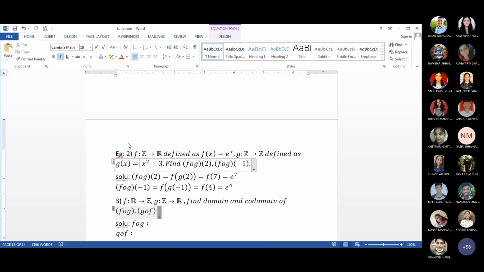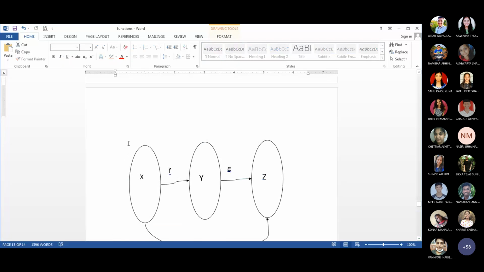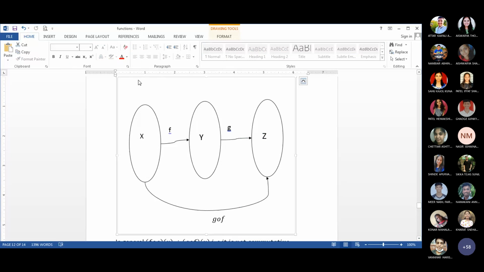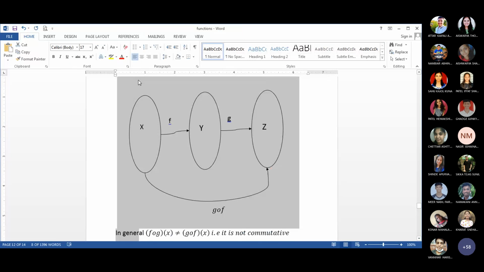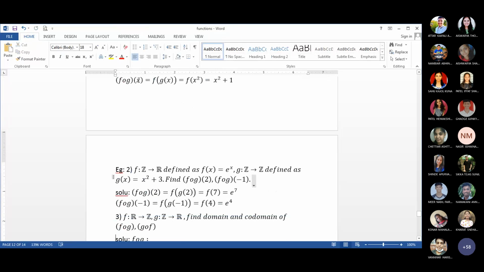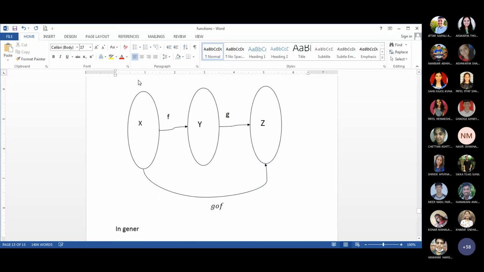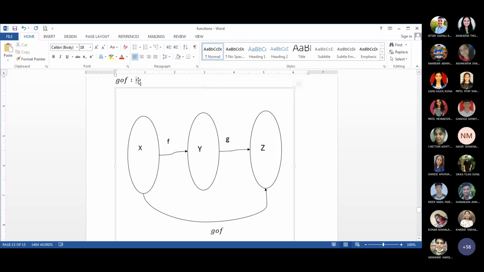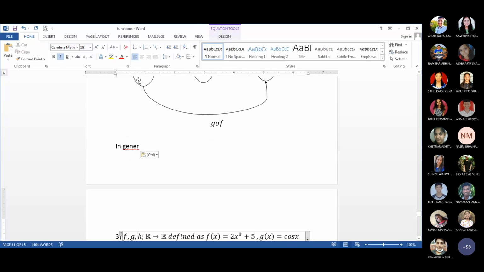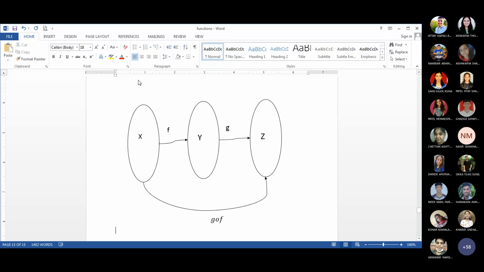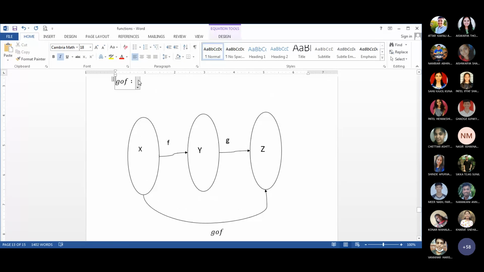I'll try to bring the diagram down. Fine, this is the diagram, but both are not coming on one screen.